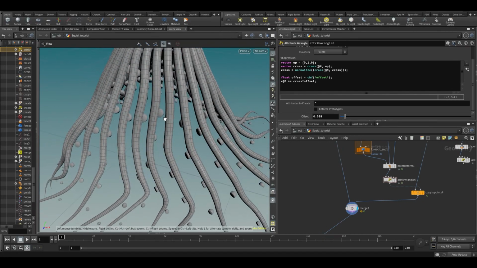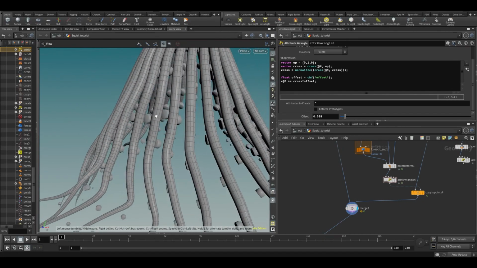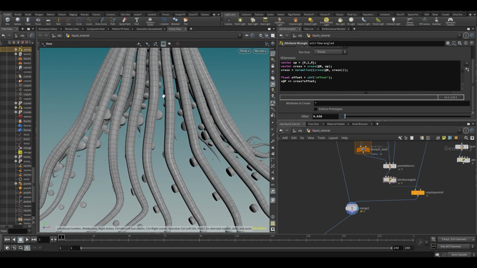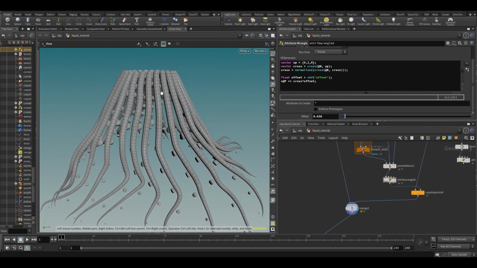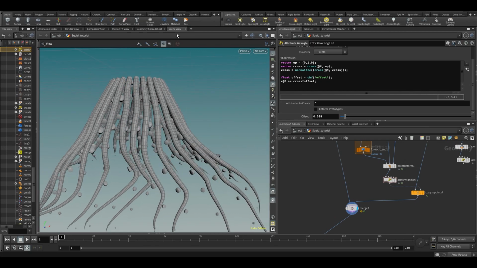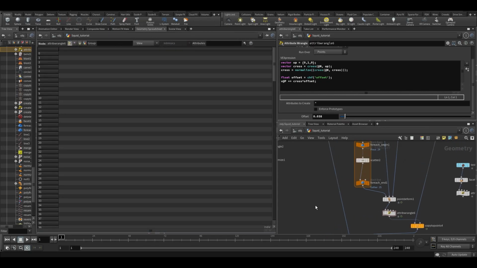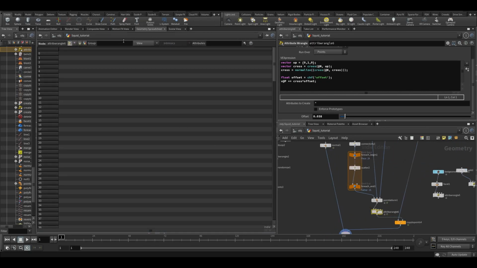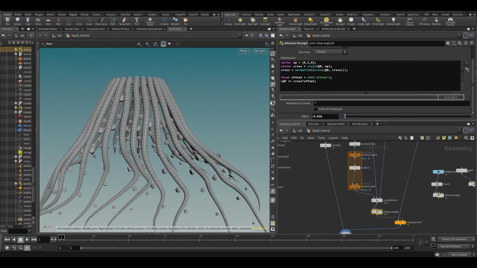Okay, so one more thing that we need to do is we need to take into account the thickness of these things. And remember, we have that because we have a p-scale. So the p-scale is the thickness, because we use the thickness to drive this.